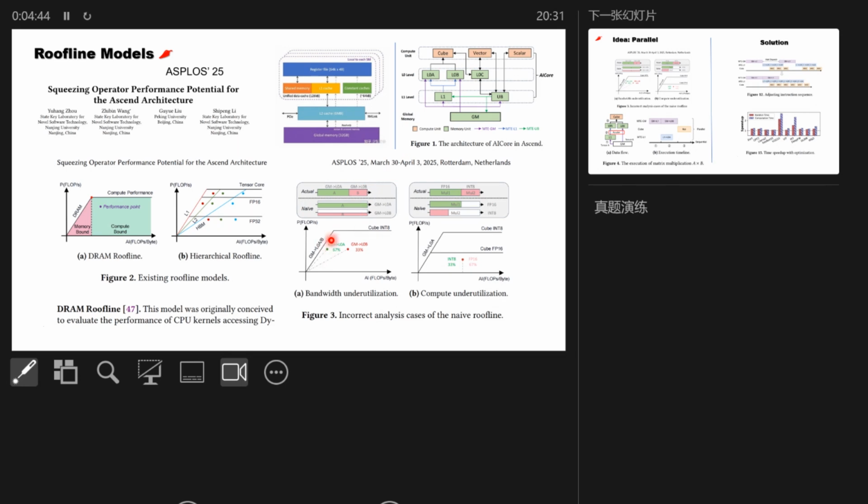And the roofline will be limited to L0A and L0B. But here, since you can load it in parallel, you will find that the actual performance can be scaled up after the loading. And also you can see that the compute core here can compute on both of them.